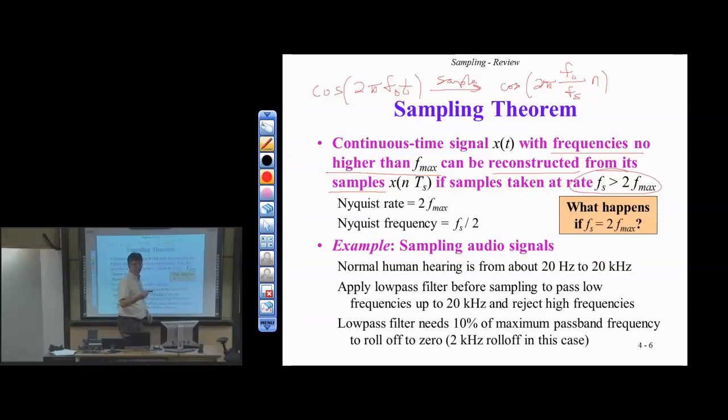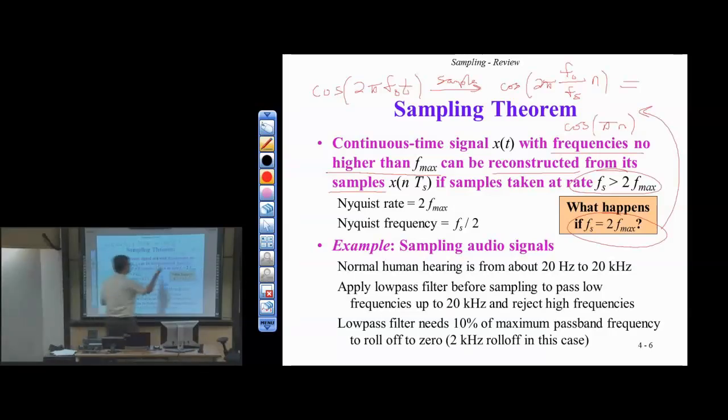Very good. Full credit. So what happens here? If fs is 2 f max, this gives us cosine of pi n, which is minus 1 to the n.